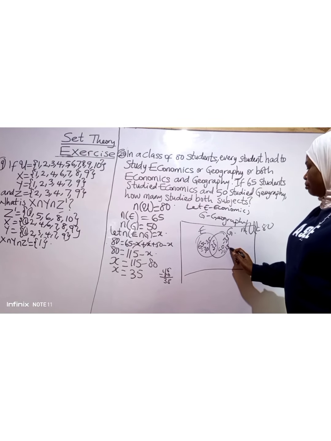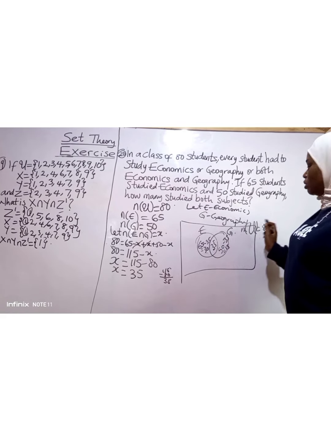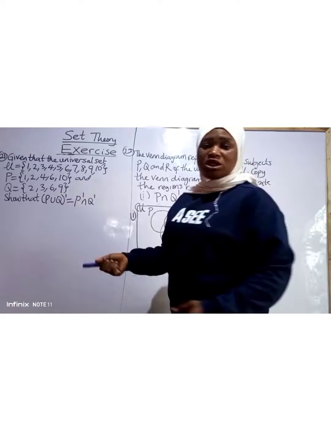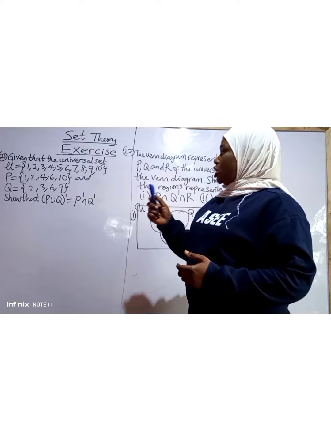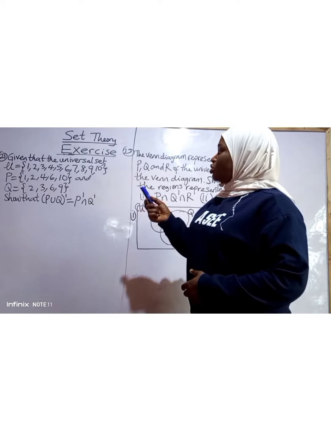So 35 plus 15 will be 50, and 50 plus 30 is 80. You can see that we got 80. So that's the answer.